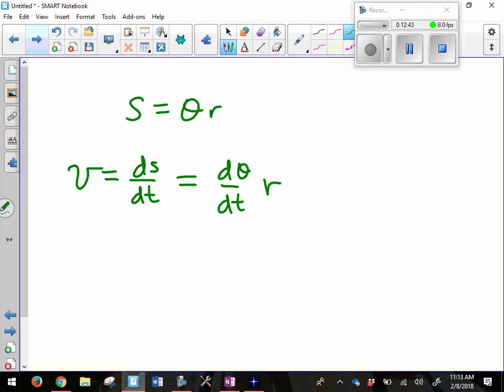And then what do you think d theta dt is going to be? Not radial velocity. Radial velocity would be going in and out towards the center or away from the center. It's how theta changes. And what do we call the velocity when the thing moves around in a circle?